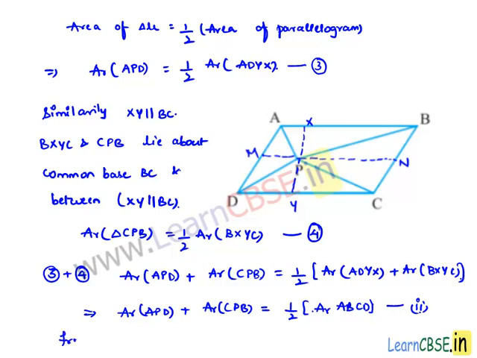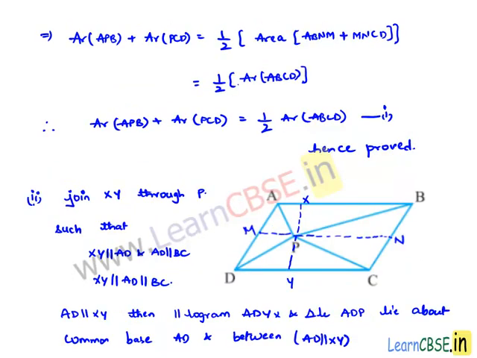Now from the proof 1 and here obtained equation 2, the LHS, that is left hand side, is equal to half of the parallelogram area, that is ABCD.